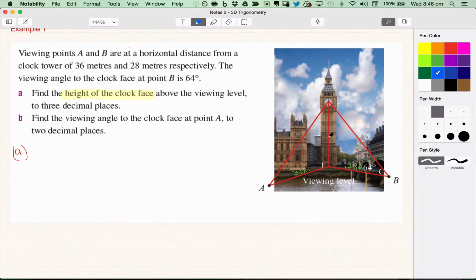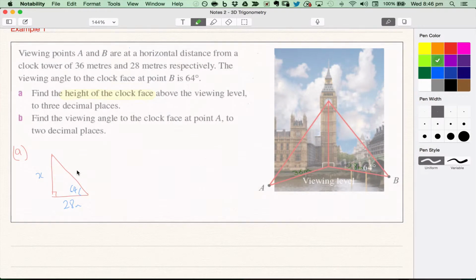So I'm going to redraw this right-hand triangle over here with its right angle, and we can label 64 here. This one is 28 metres and this one is the one we're trying to find.